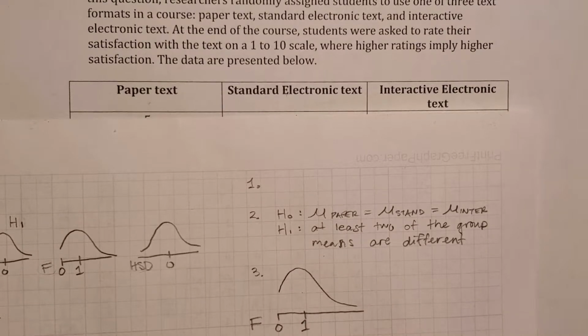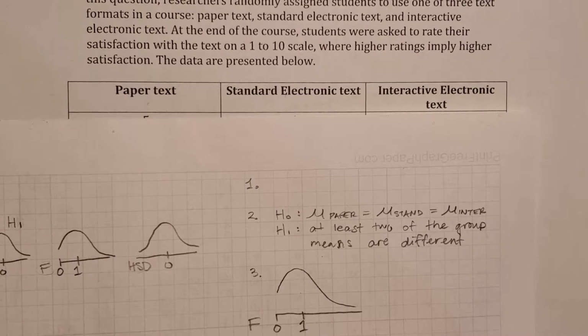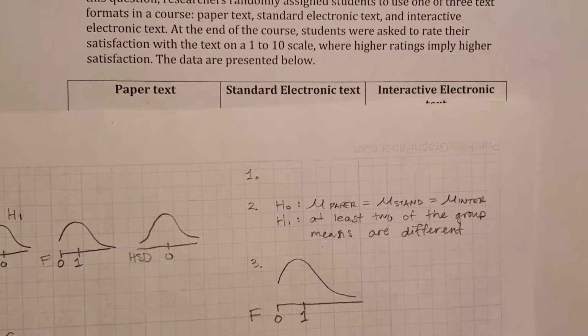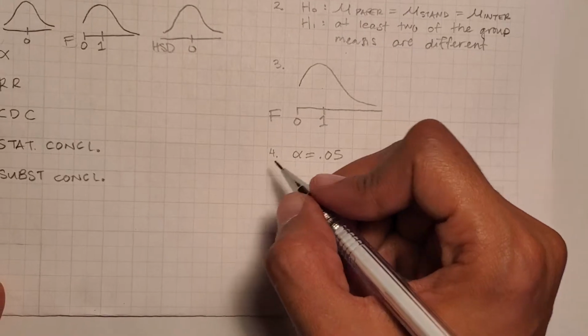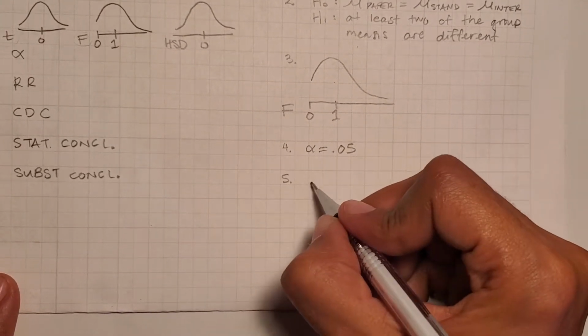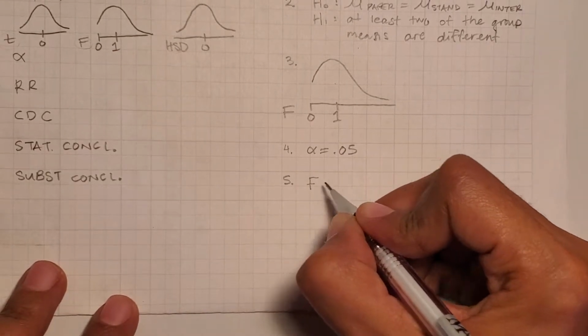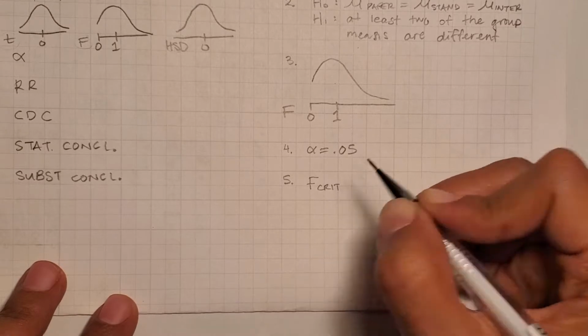Step 4, our alpha value. In this problem, we're working with a 0.05 alpha value. Step 5, our rejection region. In ANOVA we get the F critical value.